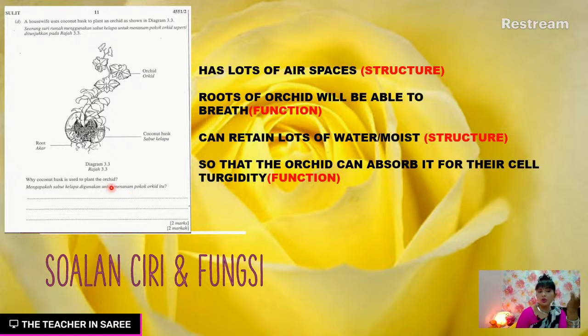And not only that, the coconut husk can retain lots of water, a lot of moisture, and for a herbaceous plant, water is very essential to maintain the turgidity of the cells. So that is why this is a perfect thing to modify, to serve as the holder for this orchid.